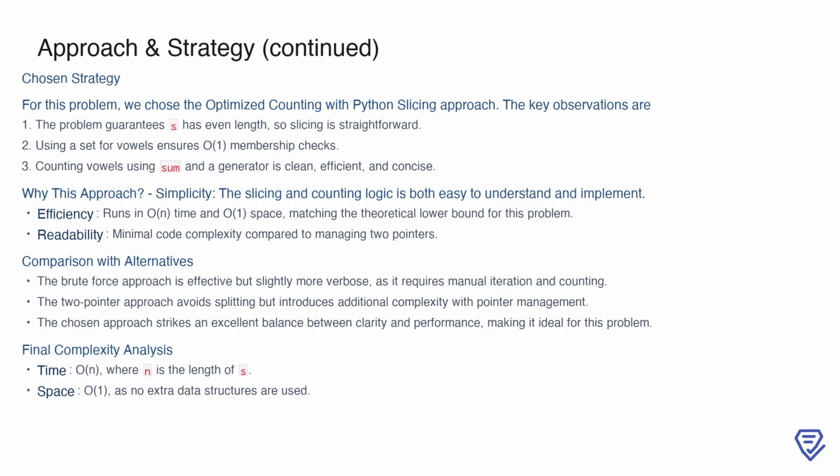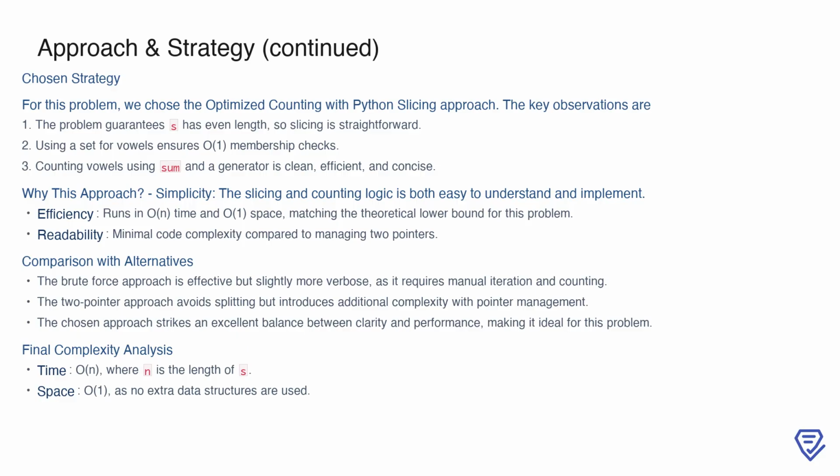The even length of the string simplifies slicing into two halves, and using a set for vowels ensures O(1) membership checks. The combination of slicing and the sum function with a generator makes the implementation clean, efficient, and concise. This approach strikes the right balance between readability and performance. While the brute force method is also effective, it is slightly more verbose since it requires manual iteration and counting.